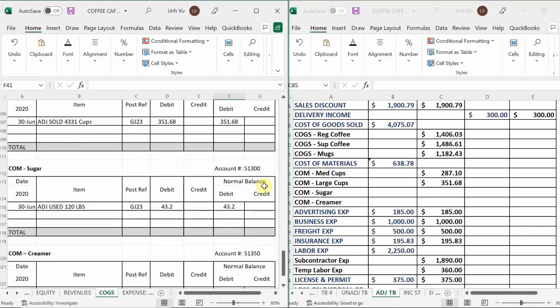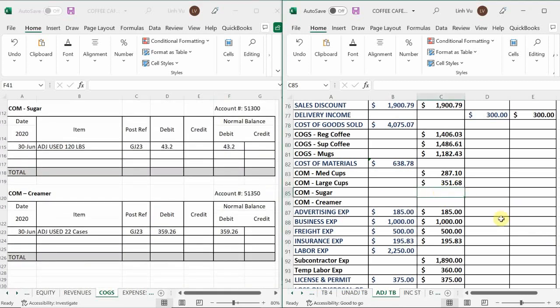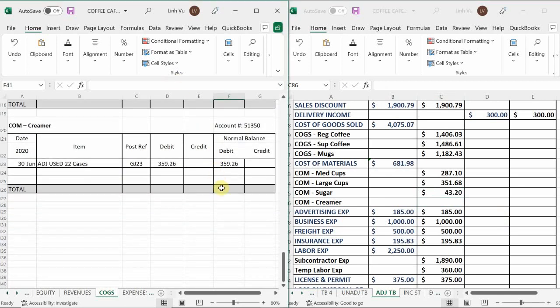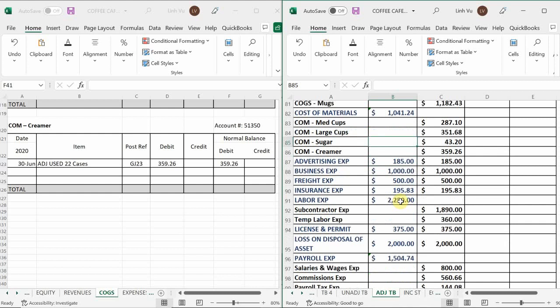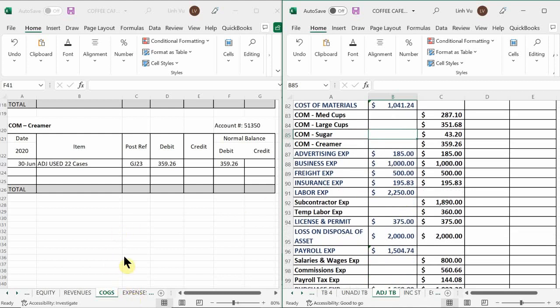Okay. And my sugar was $43.20. Right. And my creamer is the $359.26. Giving you a grand total cost of materials to be $1041.24. Okay. So then that's done with that one.